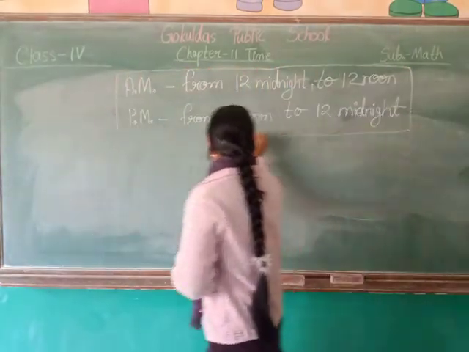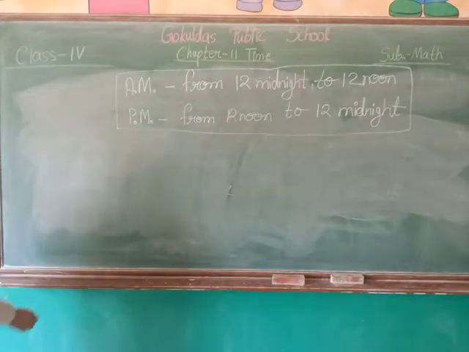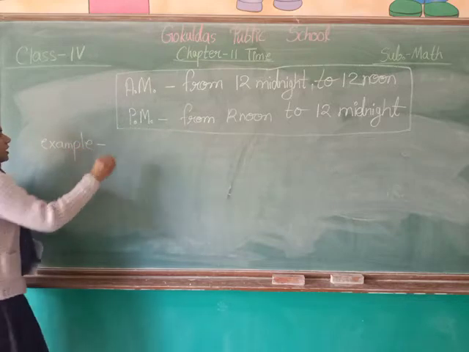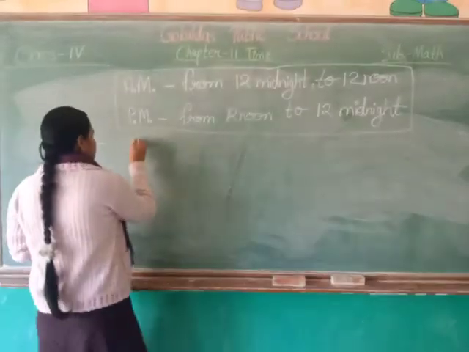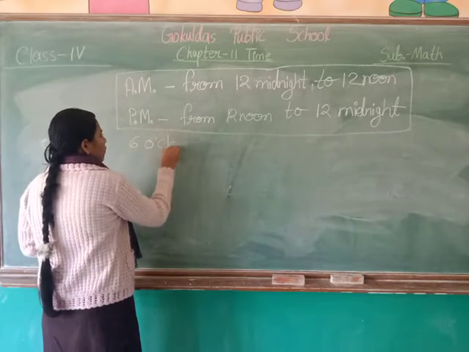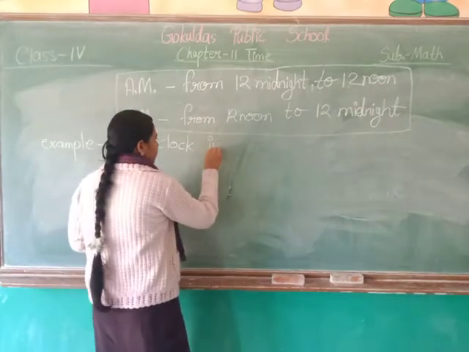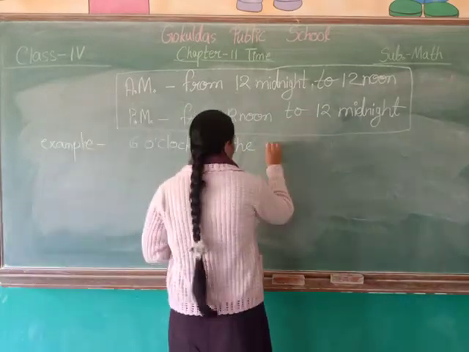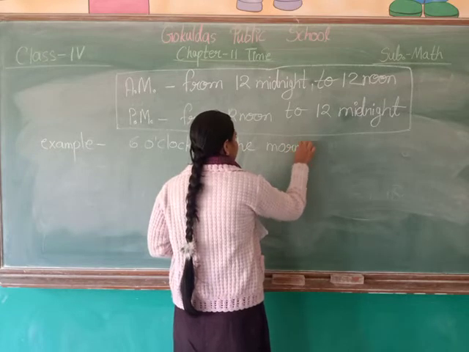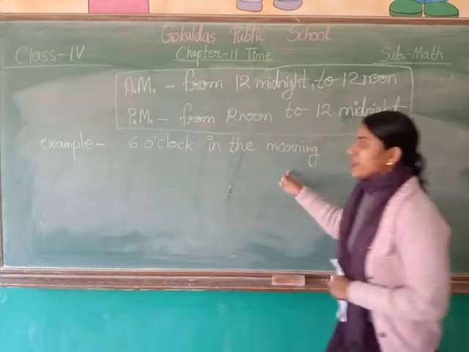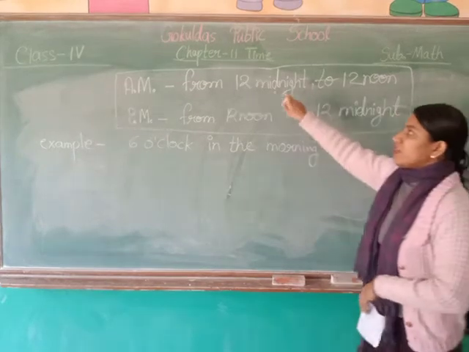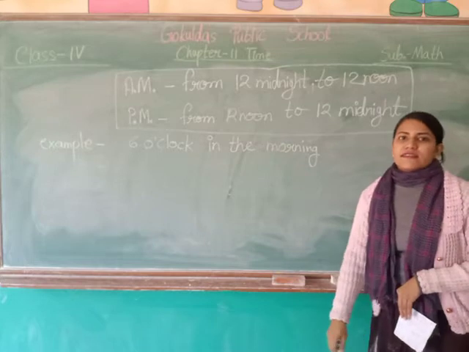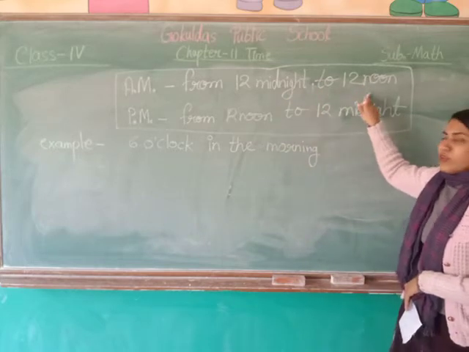Note down this and also note down one example. For example, if you want to represent 6 o'clock in the morning. In the morning means it is the time between midnight to 12 noon.